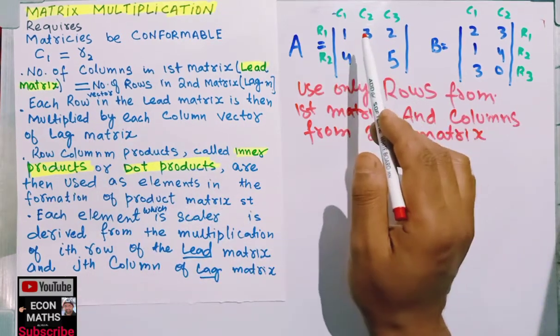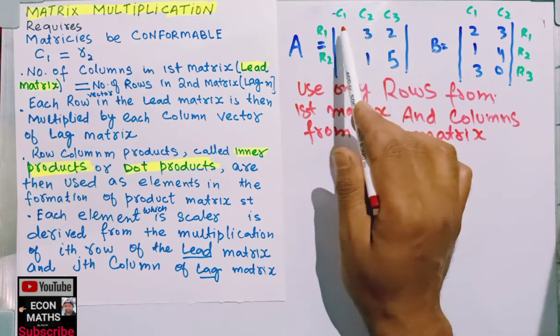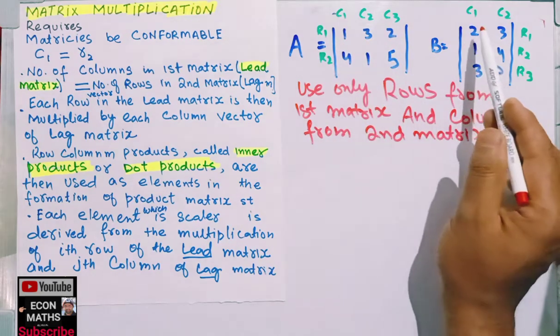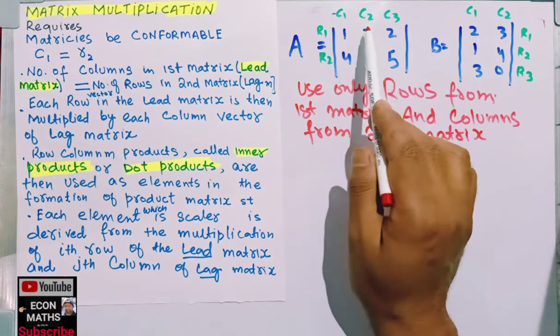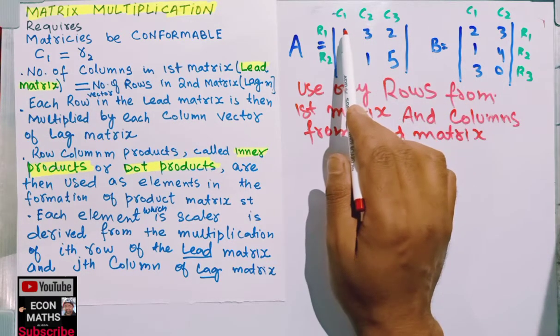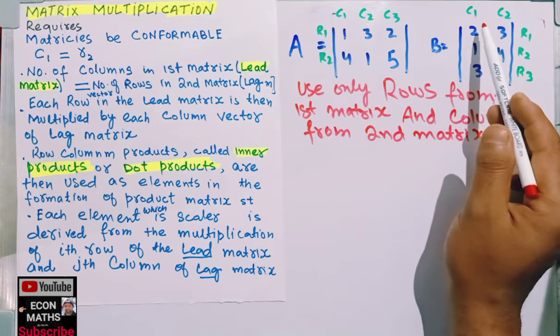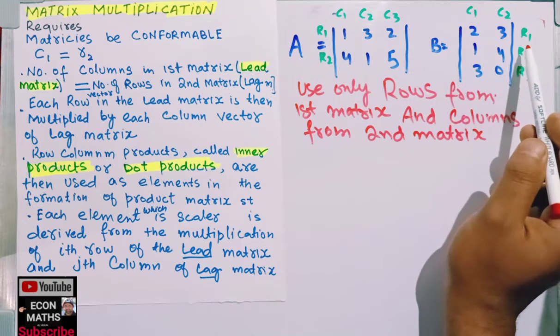Each row vector here is multiplied with this column vector. That is, the row vector of the first matrix is multiplied with the column vector of the second matrix.